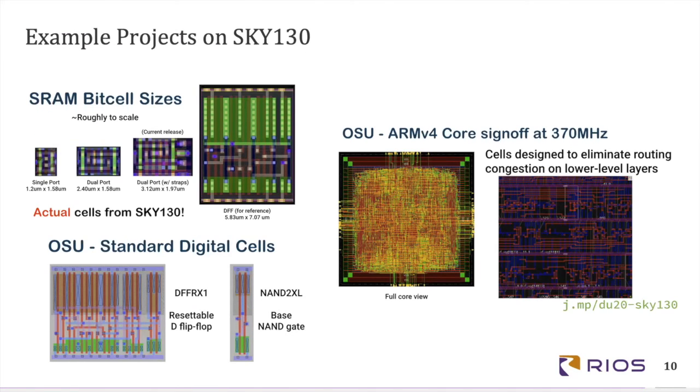In this slide, there are some example projects on Sky 130. This graph shows on screen the layout of some designs. You can see the basic cells like D flip-flop and the basic SRAM cell.